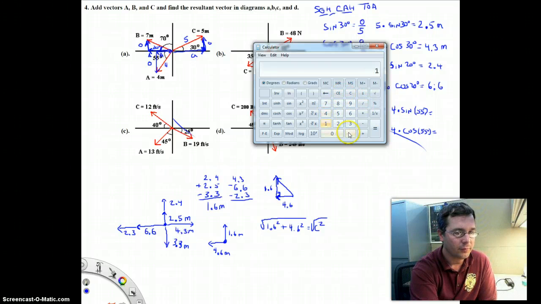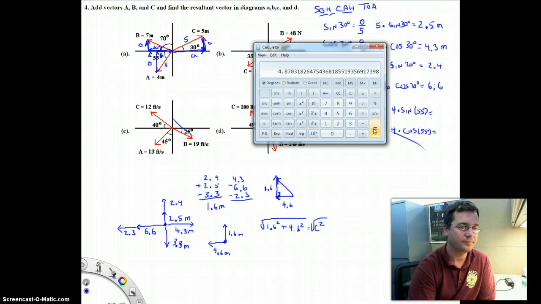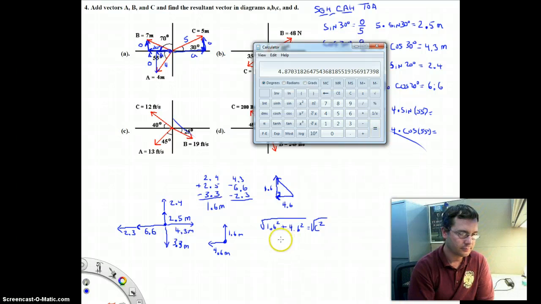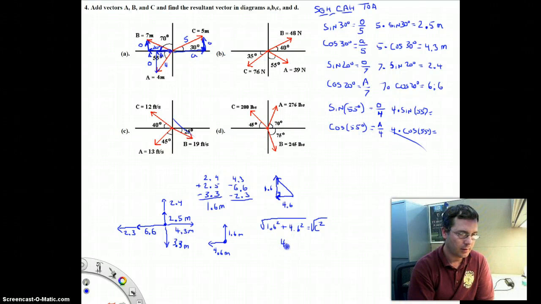So if we root both sides, we have to complete the squaring and the sum inside first. So 1.6 squared plus 4.6 squared equals, and then we're going to take the square root, which we do by raising to the 1/2 power. So about 4.9. So the length of this resultant vector is about 4.9 meters.